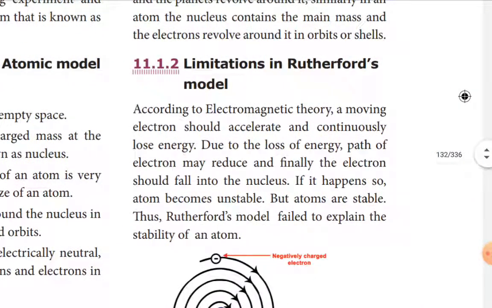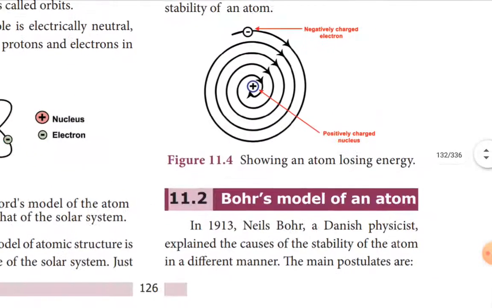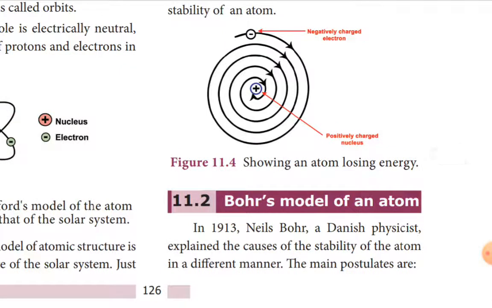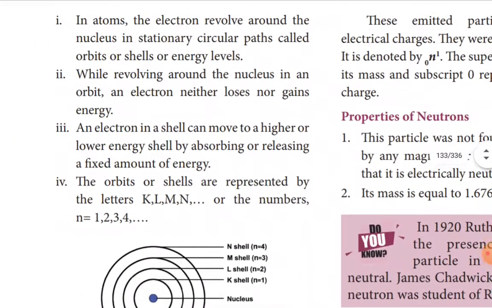There is also a limitation, because according to the electromagnetic theory, loss of energy should take place, but the atom is stable. This was not explained by Rutherford. This is the drawback of Rutherford's model. Bohr explained the cause of stability of the atom: electrons in the circular path will not lose or gain energy.